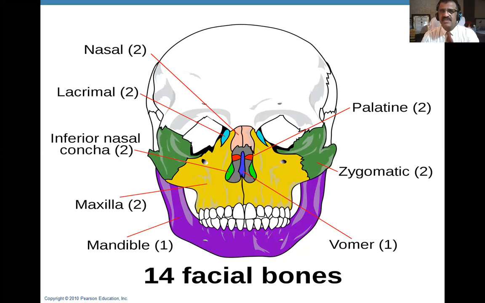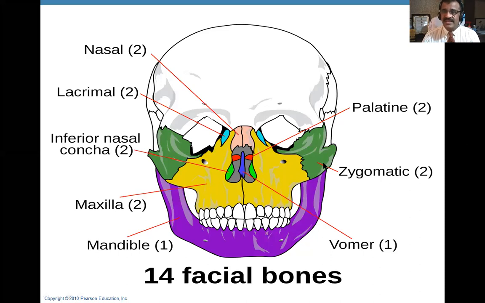We'll take the big bones first. The first and biggest bone here is the maxilla. Maxilla means bone of the upper jaw. The upper jaw has paired bones, whereas the lower jaw has only 1 bone. So maxilla, 2 of them together called maxillae. And on either side, the cheek bone is called the zygomatic bone.